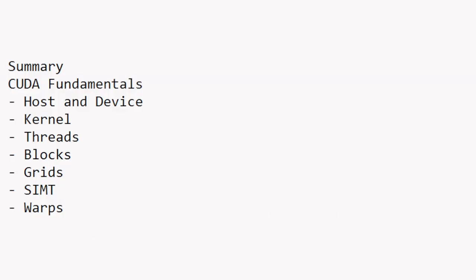Then we also talked about compilation, and the NVCC compiler. This is the CUDA compiler which separates the host code and device code, compiles them independently, and links them together into a single executable. And then we also talked about building a complete application.